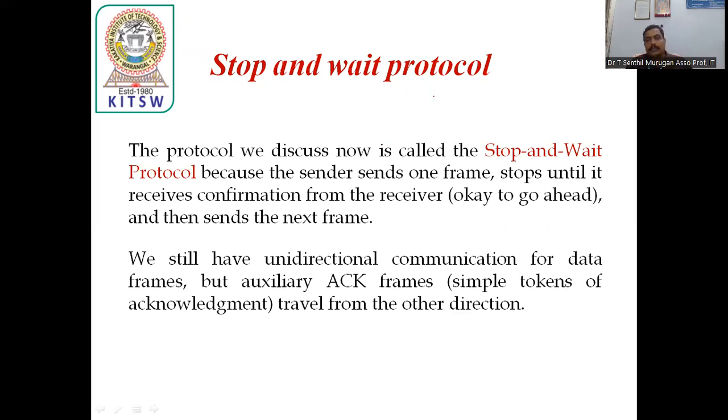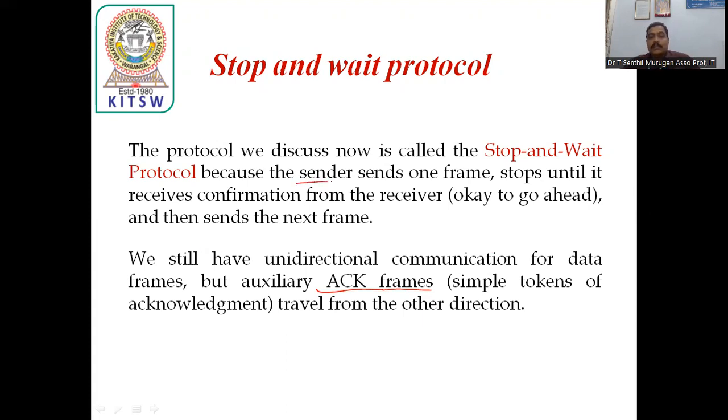Okay, so what is the stop and wait protocol? In the previous simplest protocol, there is no flow control and error control. But here, there is an acknowledgement. Basically, acknowledgement frames will be attached for ensuring flow control. So that is something we have to remember. What is the meaning of stop and wait protocol?